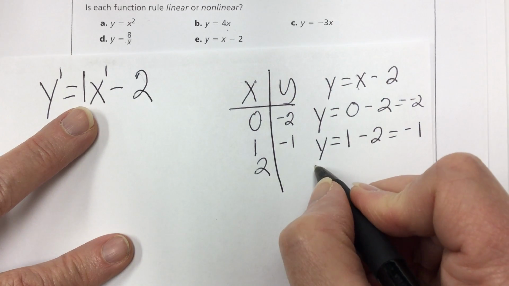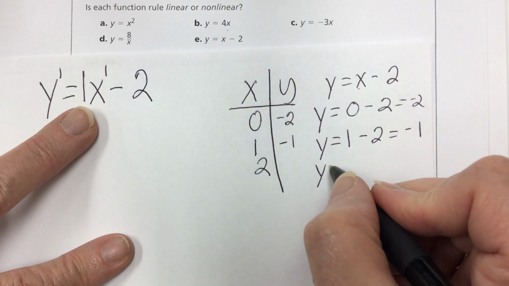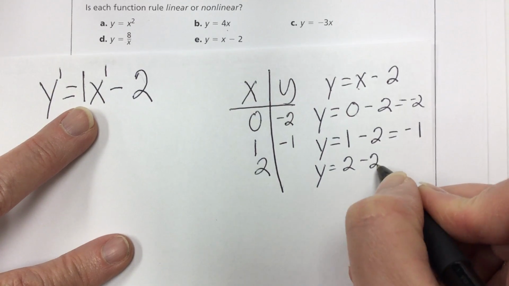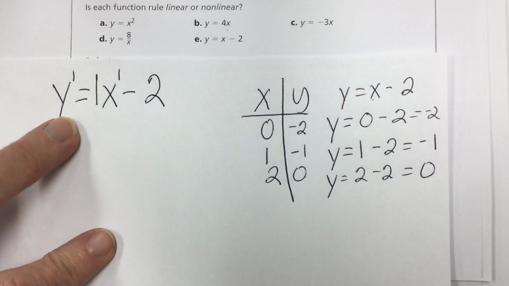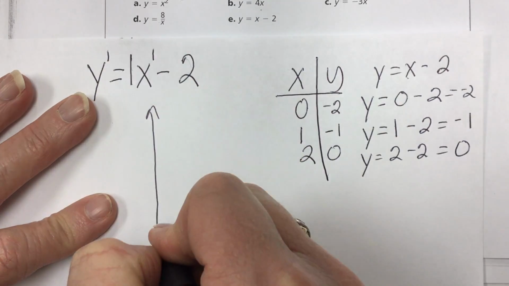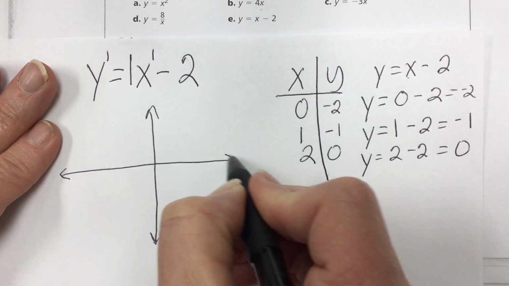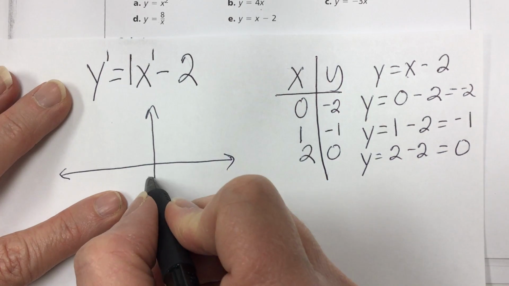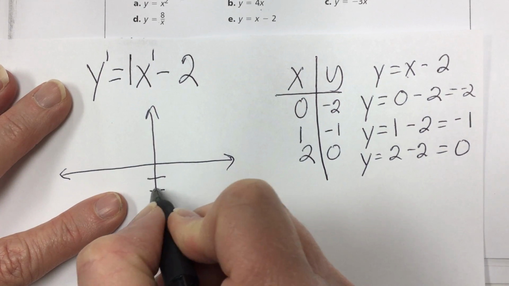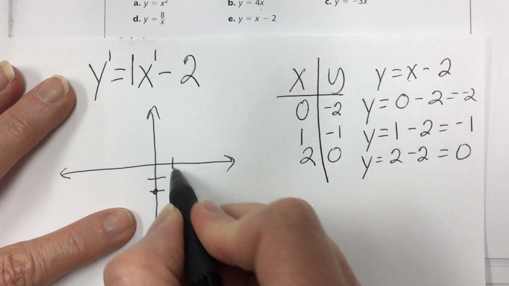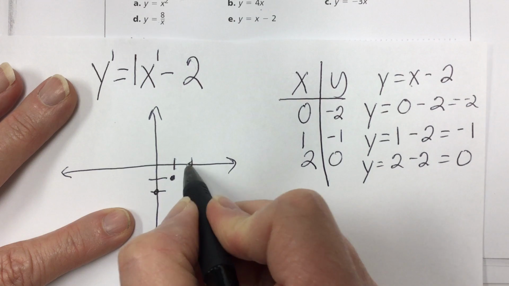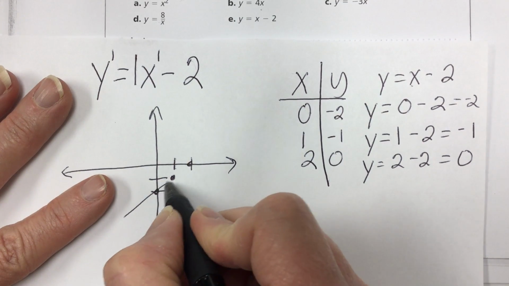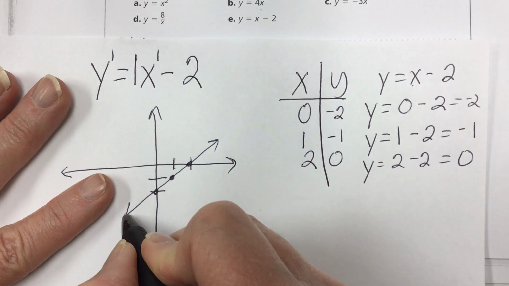And plugging in 2 for x, y equals 2 minus 2, which would be 0, okay? So if I plot those 3 points, 0, -2 is here. 1, -1 is there. And 2, 0 is there. So there is my line.